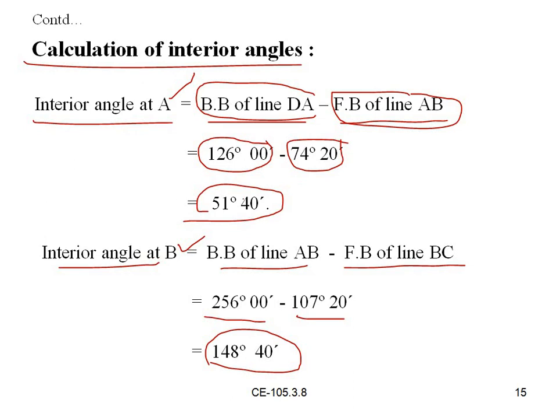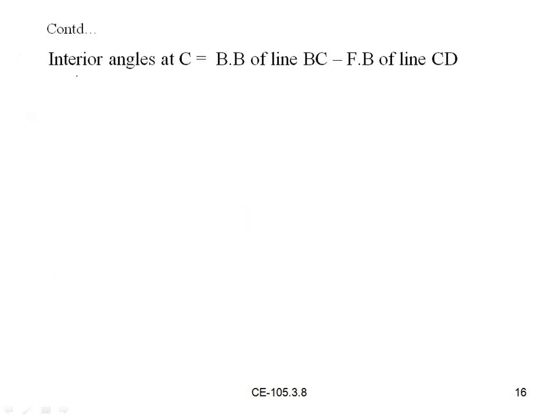Okay, now let us see the interior angle at C, which is equal to back bearing of line BC minus forward bearing of line CD. Obviously the forward bearing and the back bearing were given in the table.